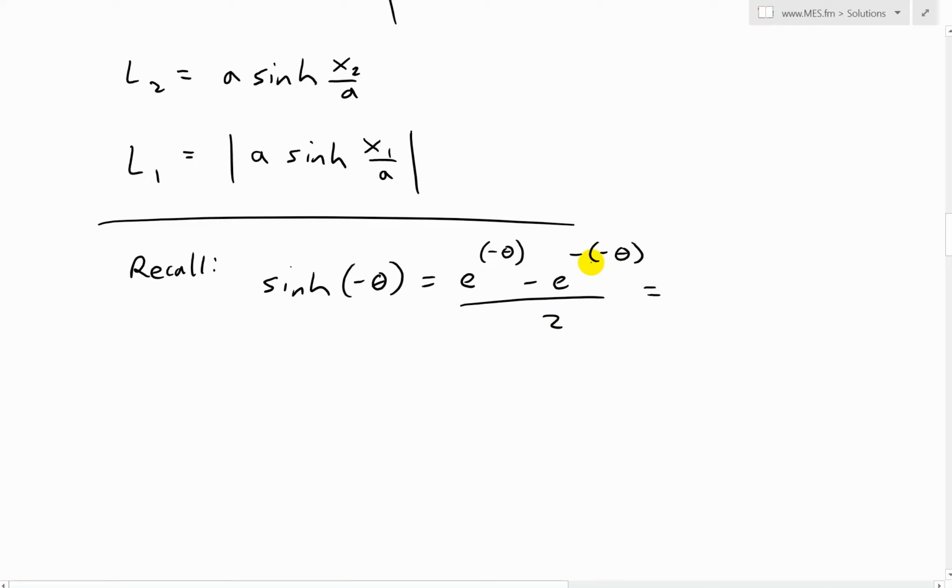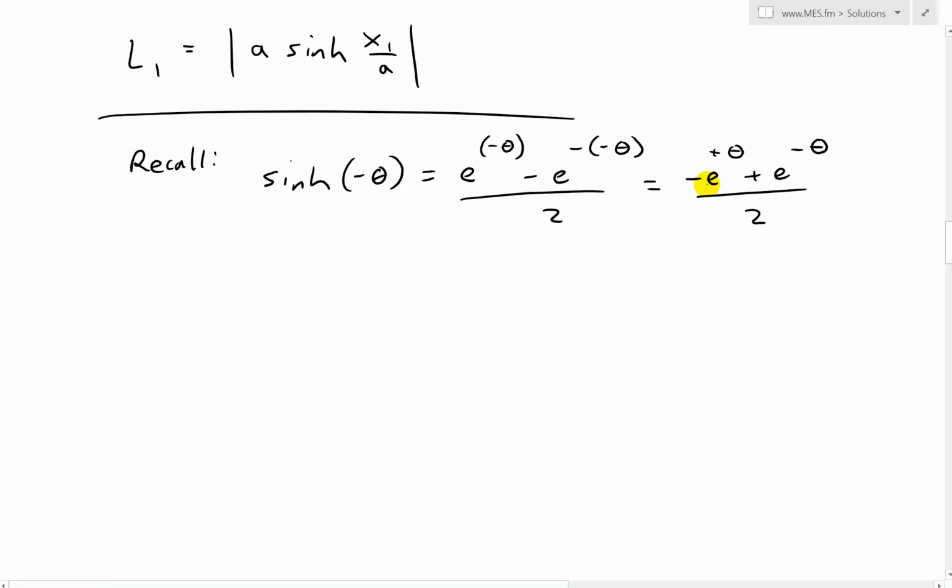We can move terms around so it's easier to see the identity, and take the negative out. That equals negative e to the theta minus e to the negative theta over 2, and this just equals negative sinh theta, which was the definition of sinh theta.